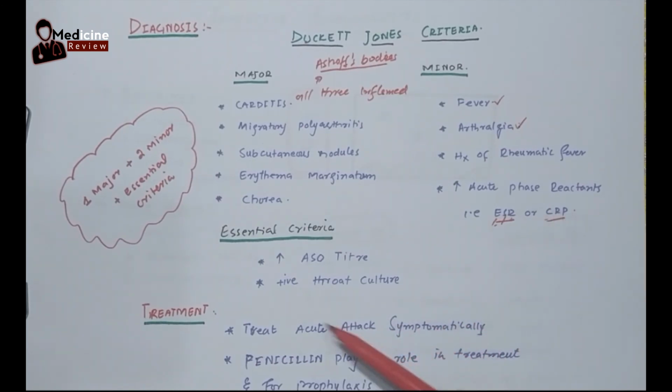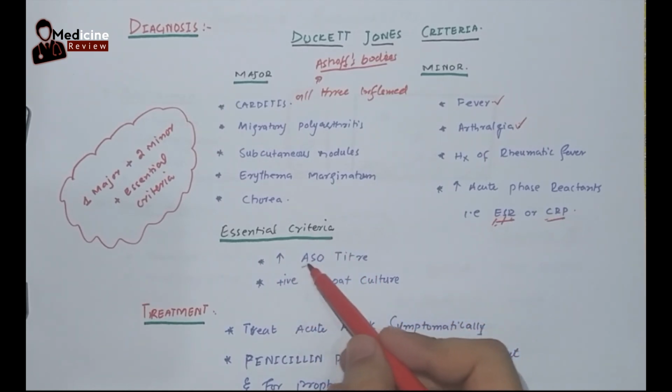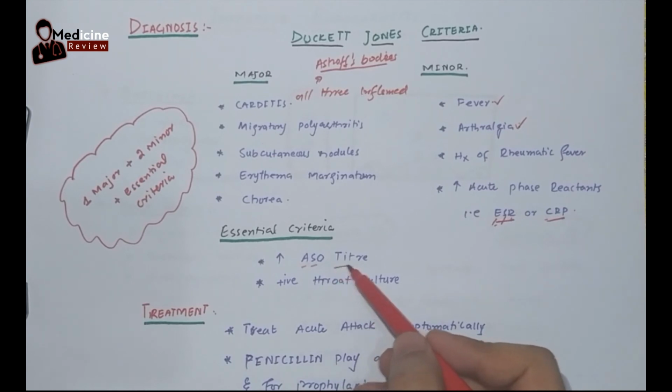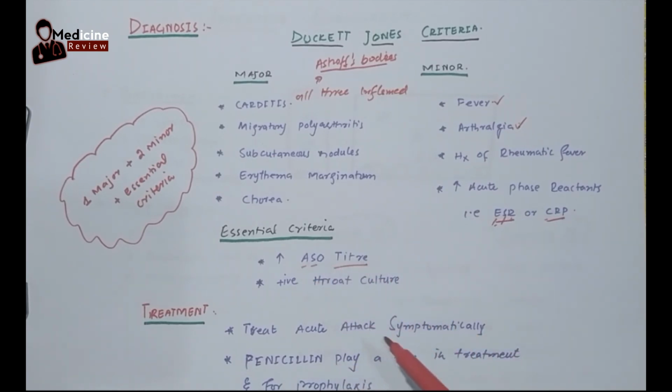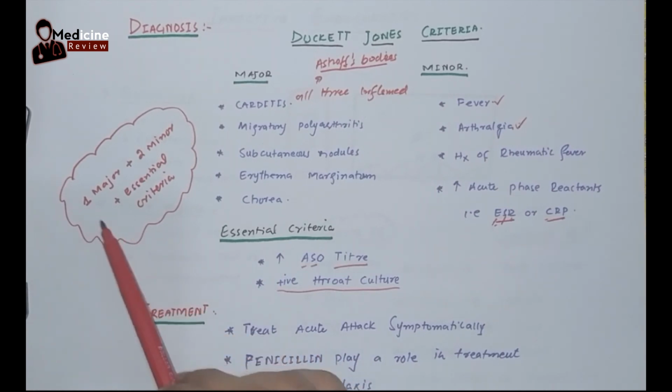Essential criteria: there will be increased ASO, anti-streptolysin O titers. These antibodies will be increased, and there must be a positive throat culture. Look at this, this is an important point. How will we diagnose this?